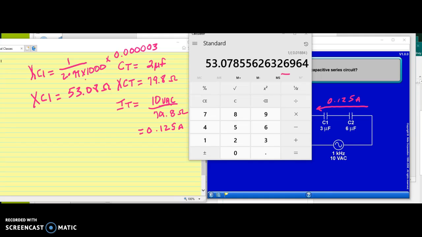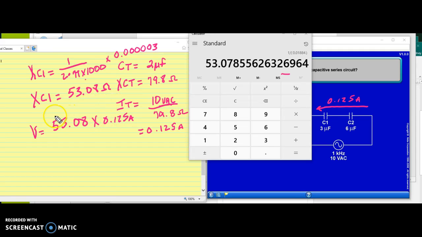So we know that. We're going to clear our calculator. The next thing we're going to do is figure out, knowing the resistance and knowing the current, how to get the voltage. Well, voltage is equal to I times R, so 53.08, that's our resistance, times our current, which is 0.125 amps.